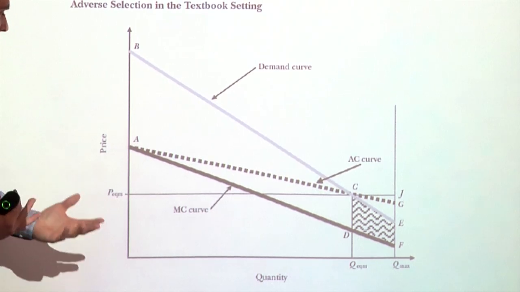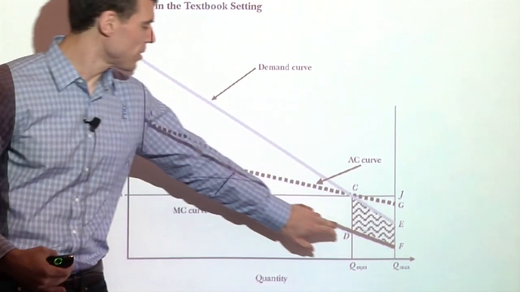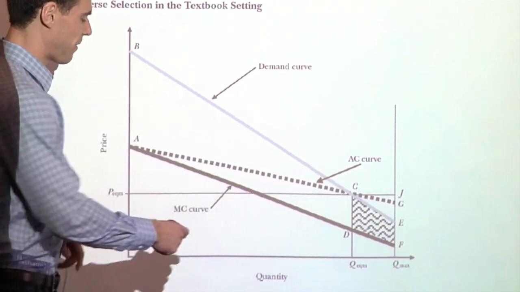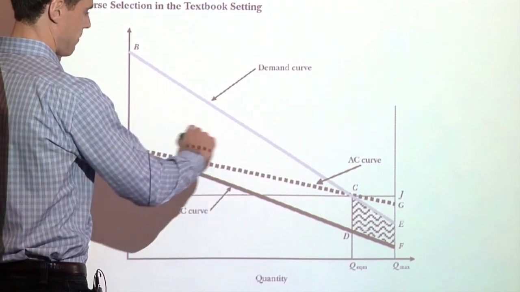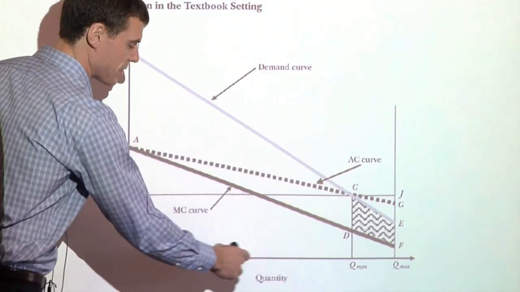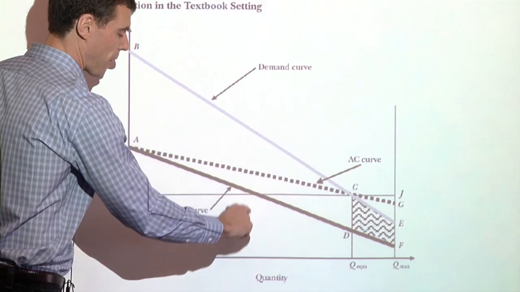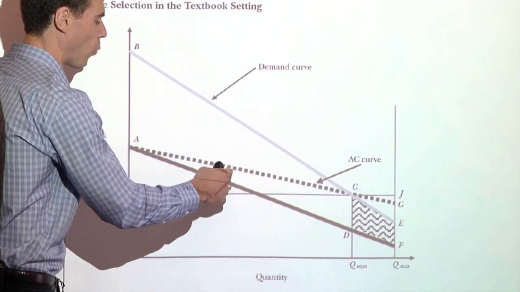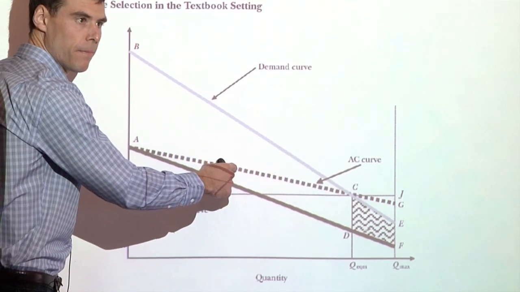And so what Akerlof says is, well, let's now not think of the marginal cost curve. Let's think of the average cost curve, where fixing a given price here, we would look down and say, okay, these people are going to be willing to purchase the policy. So let's integrate under the marginal cost curve to calculate the average cost of the set of people who are willing to pay this premium. Okay?